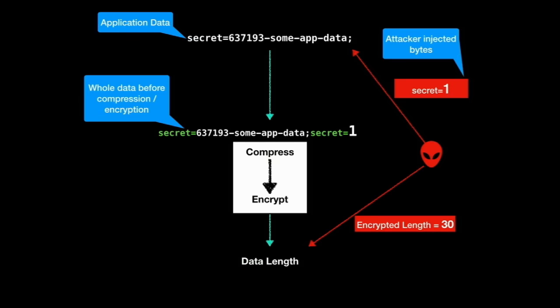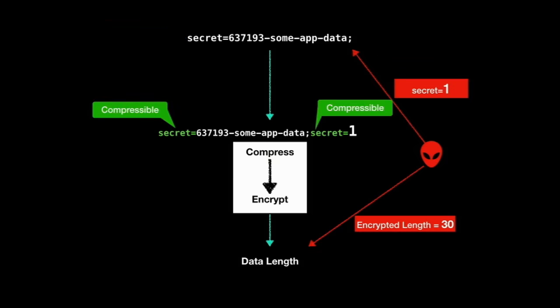So here in this case, it's secret equals 1. Now, you can see just before it goes to the black box, the whole text looked something like this. If you take a closer look at what the attacker injected and the whole piece of text, there is a pattern here, right? The ones in green look like they can be compressed.